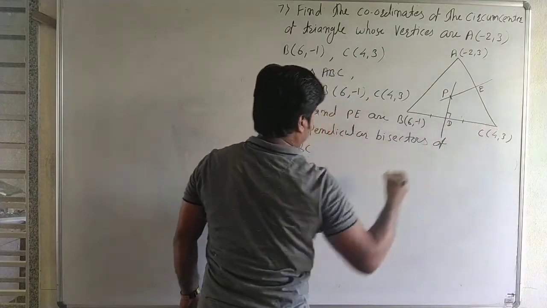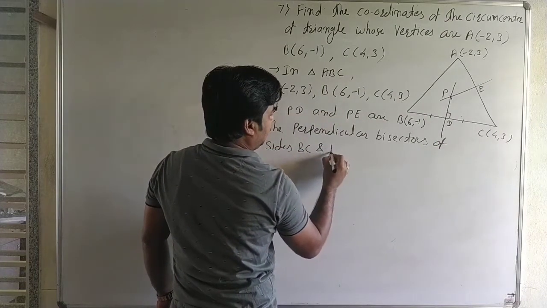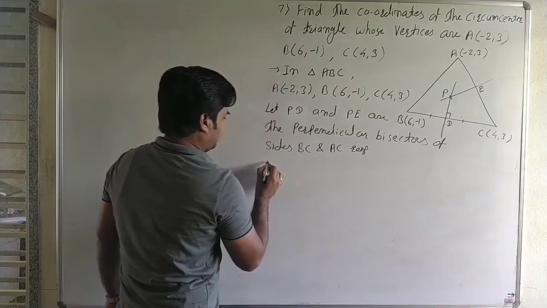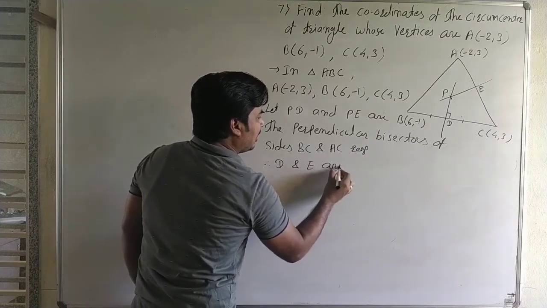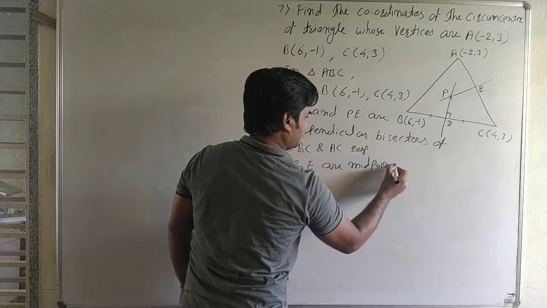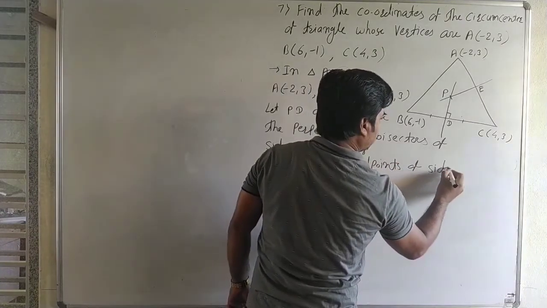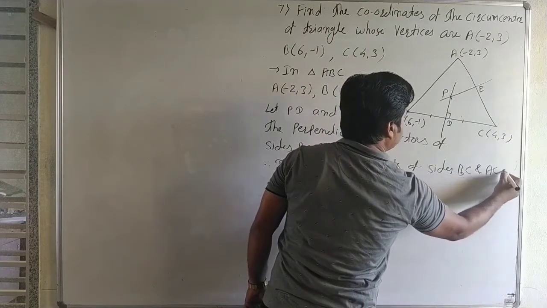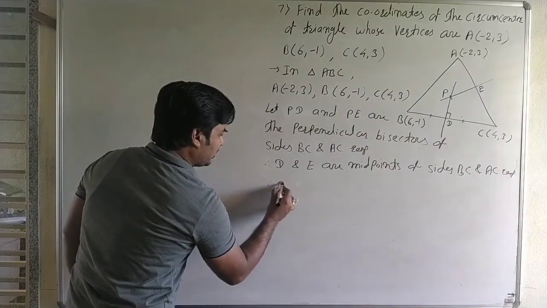PD is perpendicular to BC and PE is perpendicular to AC respectively. Therefore, D and E are the midpoints of sides BC and AC respectively.